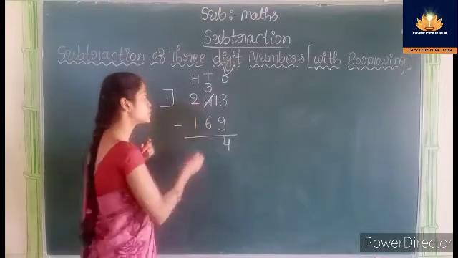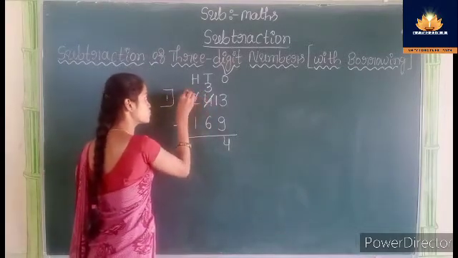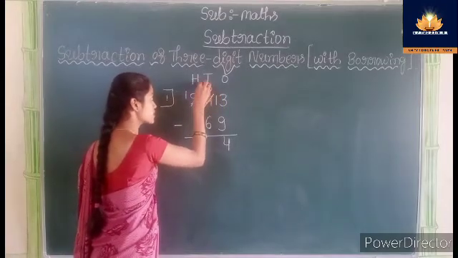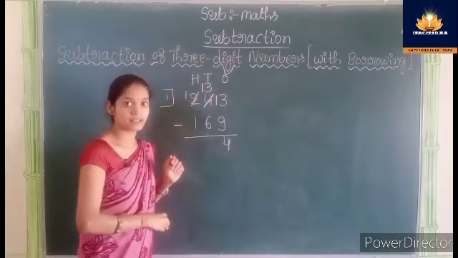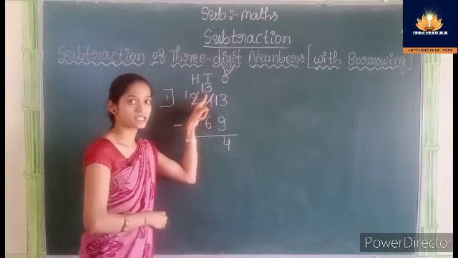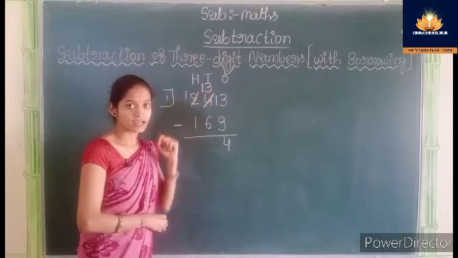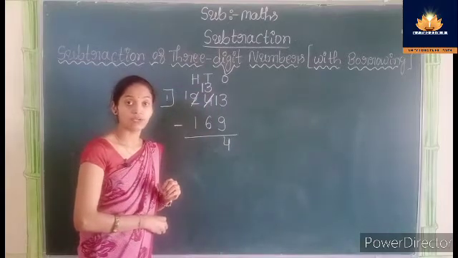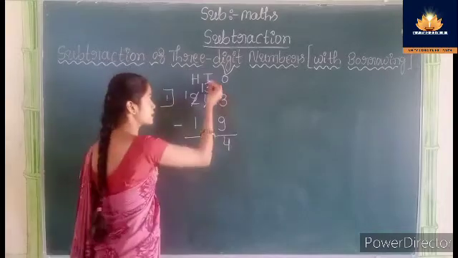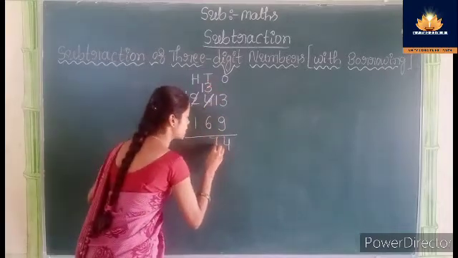Then here 200s becomes 100s. This 3 tens becomes 13 tens. Now subtract 6 tens from this 13 tens, that is 7. We get 7 tens and that 7 should be written in this tens place.